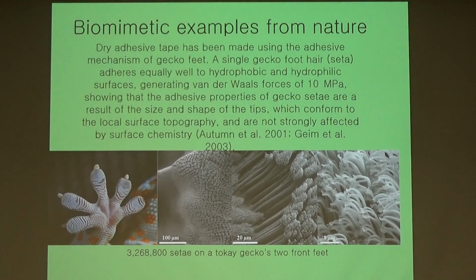at the moment. There's another area looking at attachment devices from nature. Lots of different organisms have very good ways of attaching to surfaces, dirty surfaces and wet surfaces in particular.